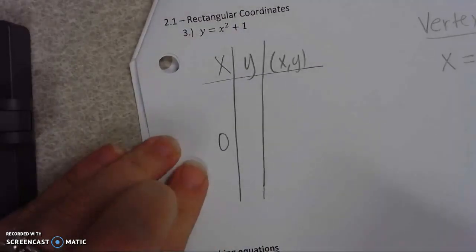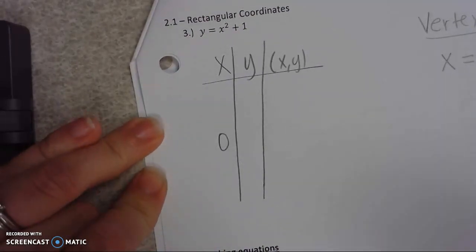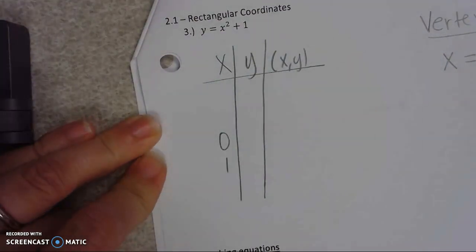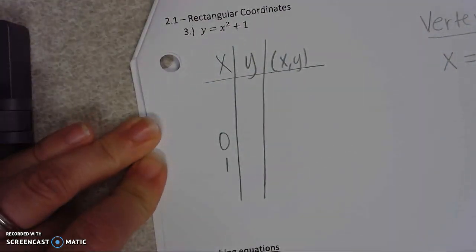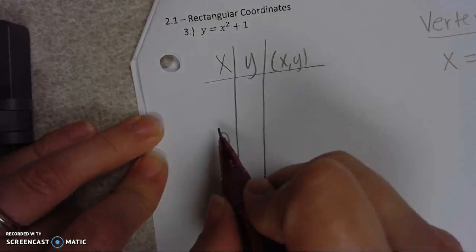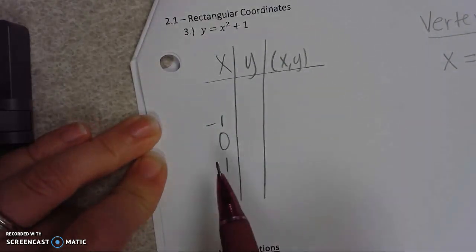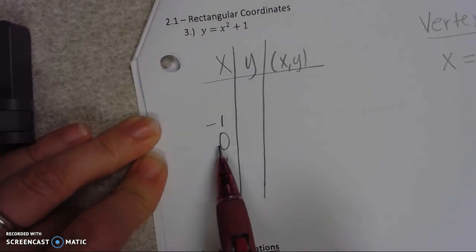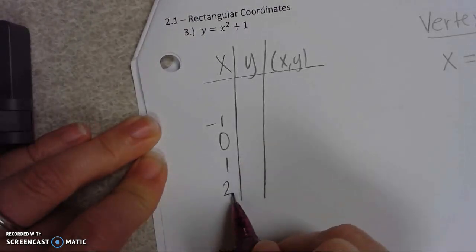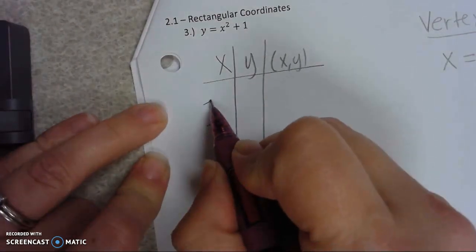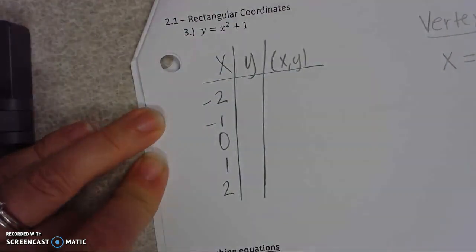If I move 1 spot to the right of 0, that puts me at 1. Moving 1 place to the left of the vertex puts me at -1. Moving 2 places to the right puts me at 2, and moving 2 places to the left puts me at -2.